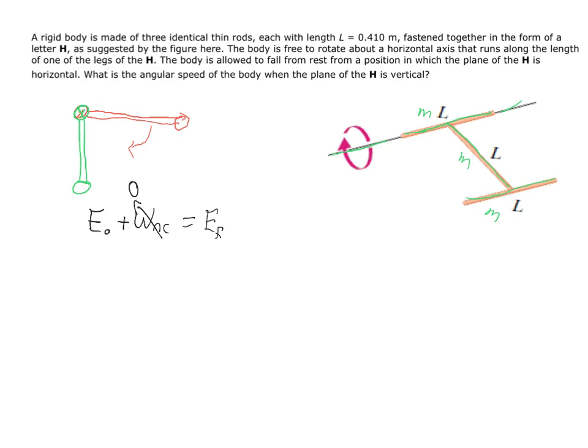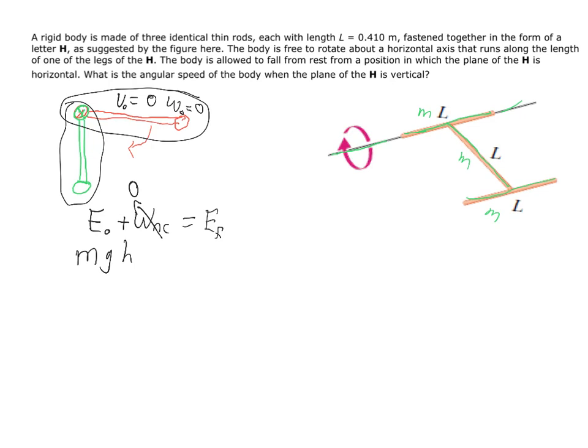And so all we have is our energy in this initial situation is going to equal our energy in this final situation. And since it's starting from rest, we know that both v initial and omega initial are going to be 0. So the only initial energy we have is going to be mgh, the gravitational potential energy.